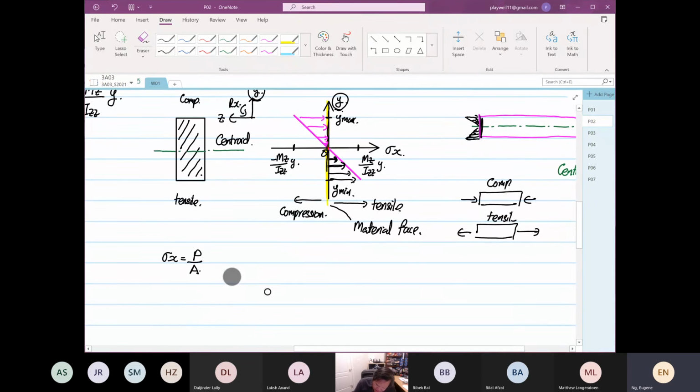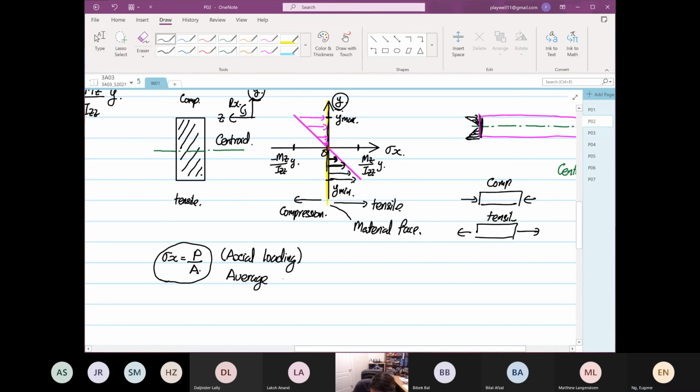So this formula over here is only for axial loading. This is a standard formula where stress is force divided by area. It's only good for axial loading. But what we are calculating down here is the average stress.